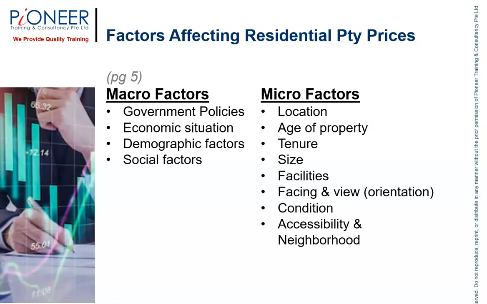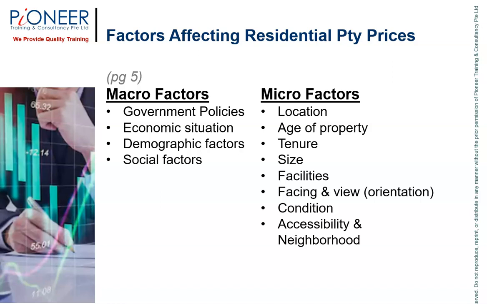So the government policies, economic situation, demographic factors, for example, the aging population of Singapore, social factors, for example, more foreigners becoming PR or becoming citizens in Singapore. This affects the demand and supply of residential properties.